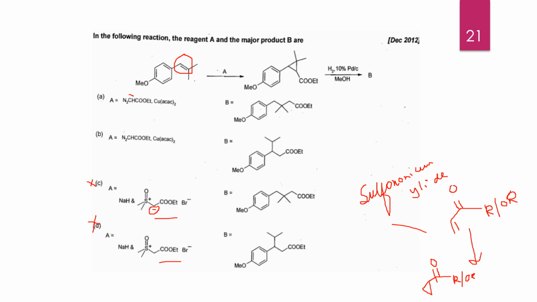This is due to hydrogenation, as the cyclopropane ring is too unstable. Usually it hydrogenates the double bond, but as the cyclopropane ring is too unstable, it will break the cyclopropane ring. So you can see now, why will the cleaving be here, here, or here? That is the question.